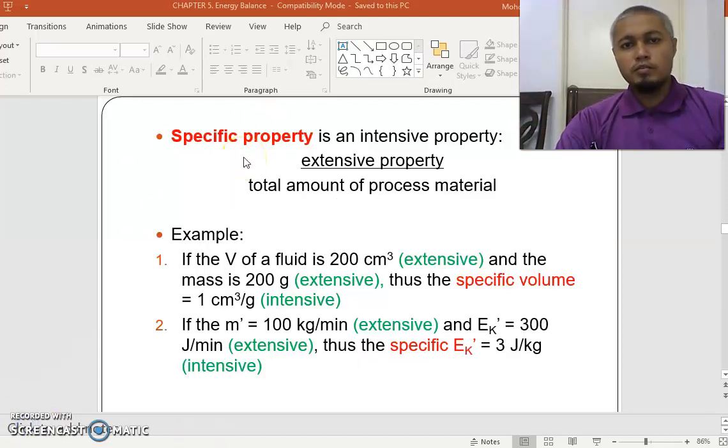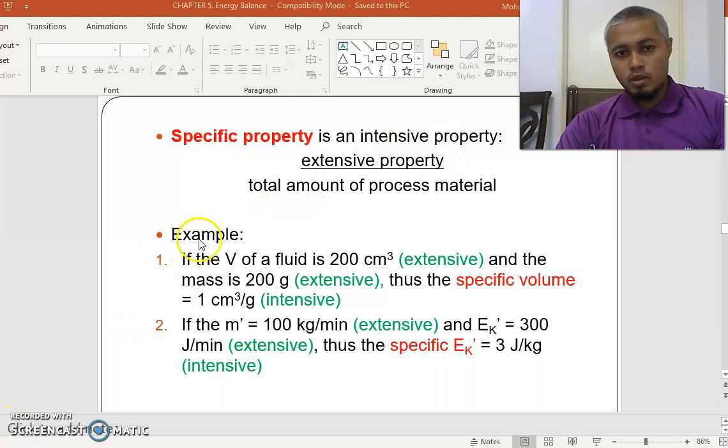Now let's move to the specific property. The formula is extensive property over total amount of processed material. This is called an intensive property. As we learned before, intensive property means if we take any amount from the system, the value will still be the same.